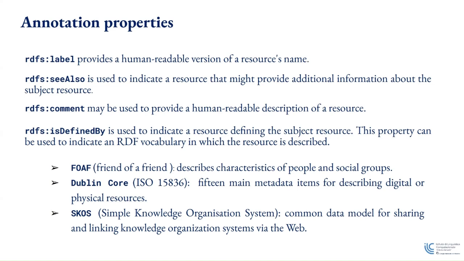I provide you with some main vocabularies used, namely FOAF, which describes characteristics of people and social groups, Dublin Core, that is 15 main metadata items for describing digital or physical resources, and then SKOS.